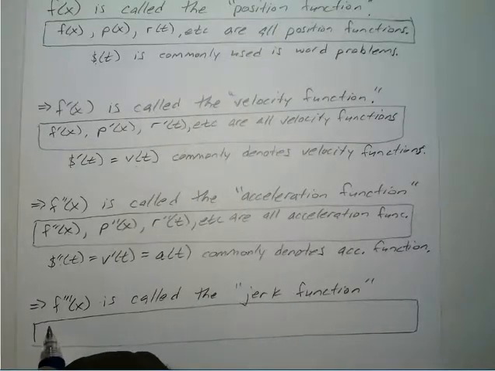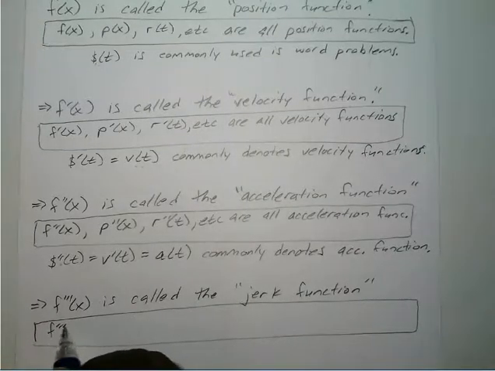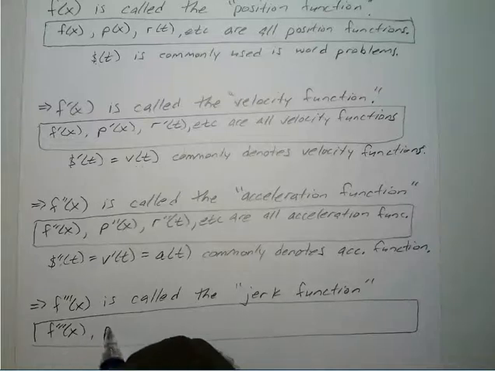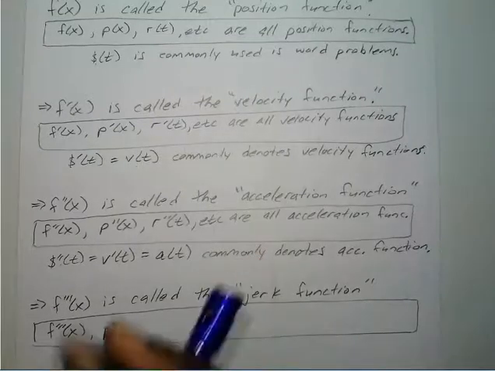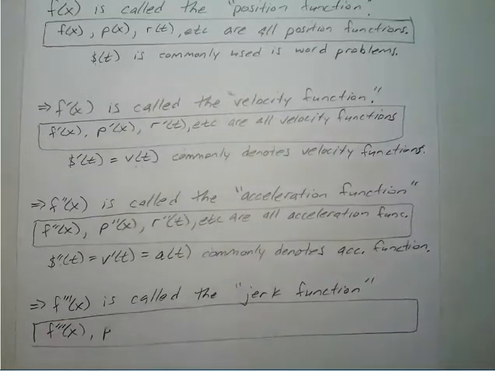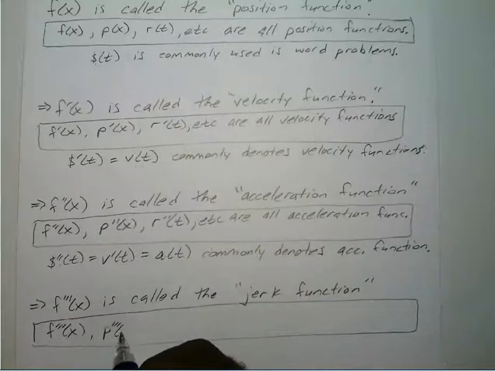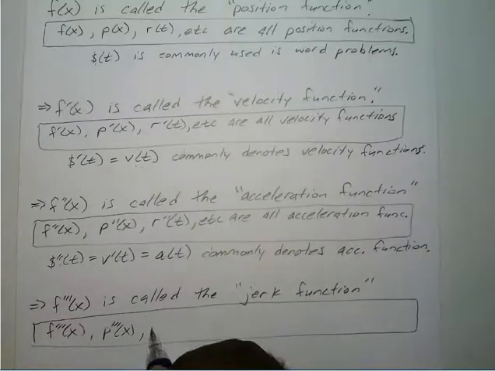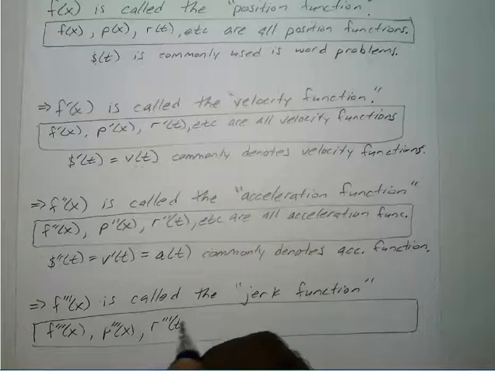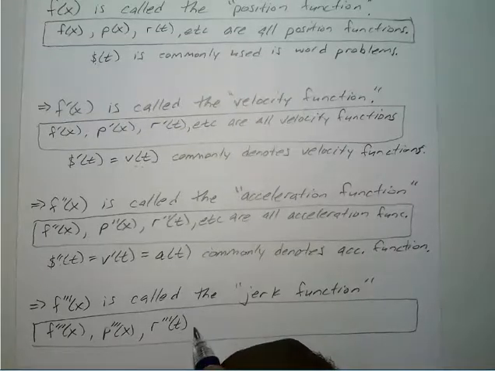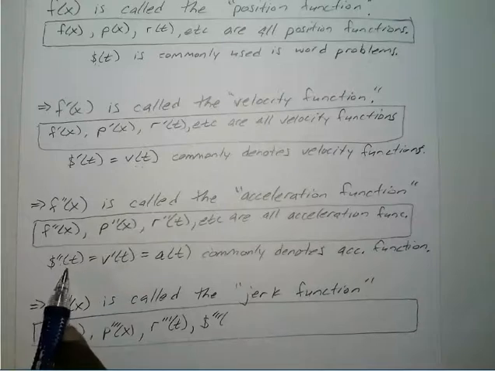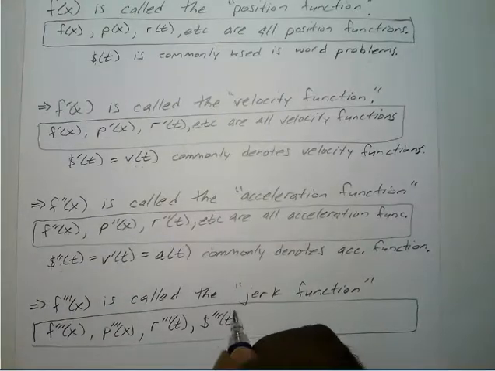Okay, so that could be the third derivative with respect to x, let me clean that up a little, with respect to x, that could be r, and the third derivative with respect to t, or it could even be the third derivative of our position function with respect to t.